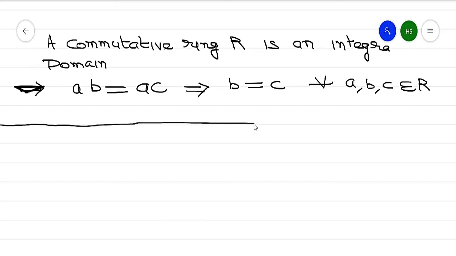This is a very important result. A commutative ring is an integral domain if and only if it satisfies this property.